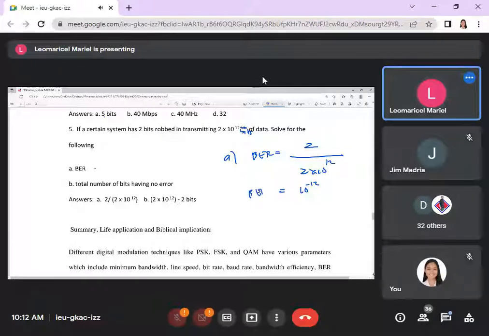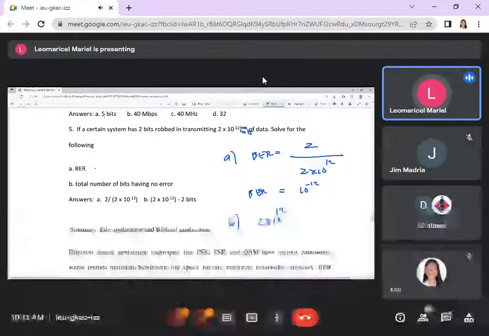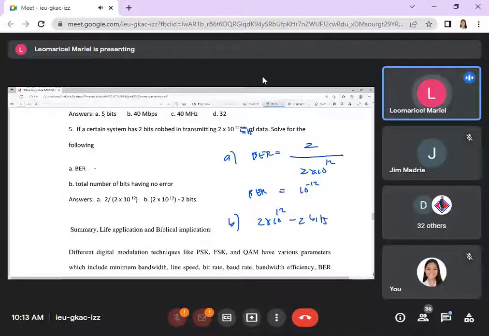Okay? Then, pangalawa, what is the total bits of having no error? Since nag-transmit ako ng data ko, letter B, 2 times 10 to the 12. Yan yung buong data ko. And nagkaroon ng error. Ilang error? 2. So that will be the answer. So that is 2 times 10 to the 12 minus 2 bits. Hindi ibig sabihin na 0 times 10 to the 12.